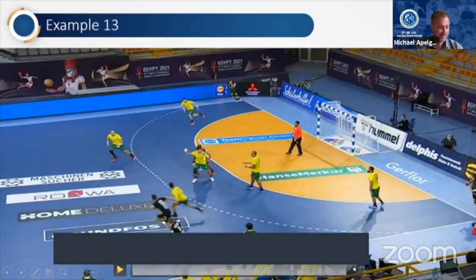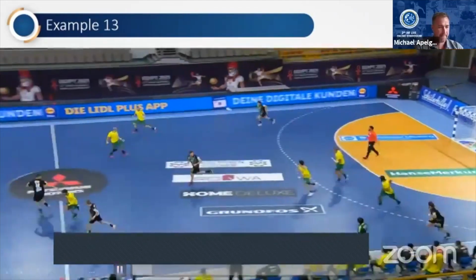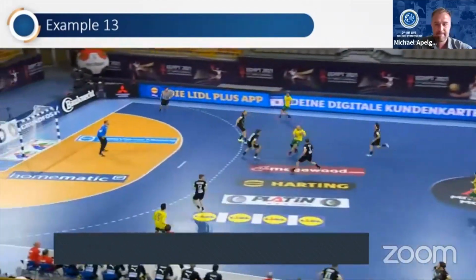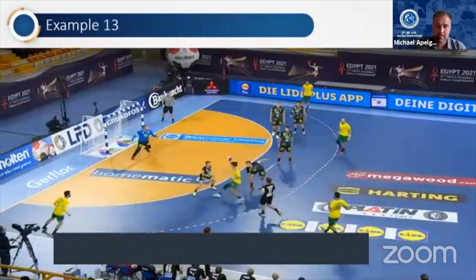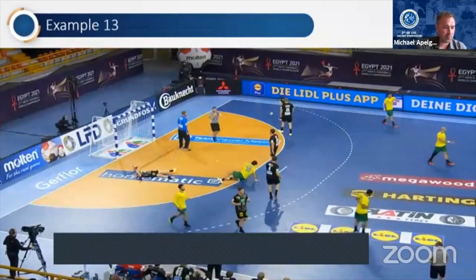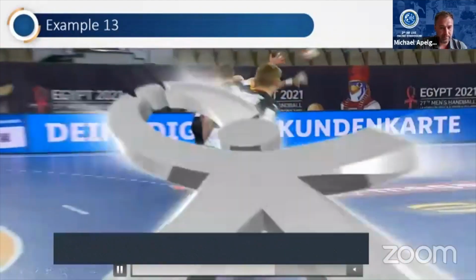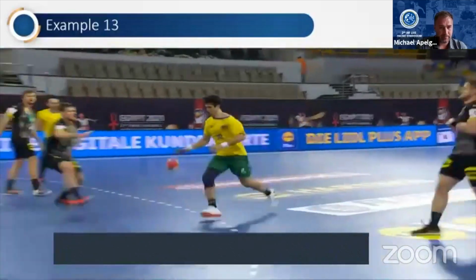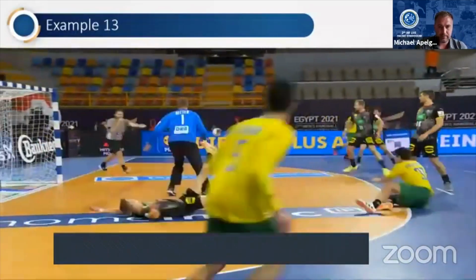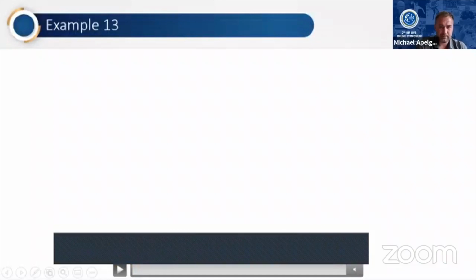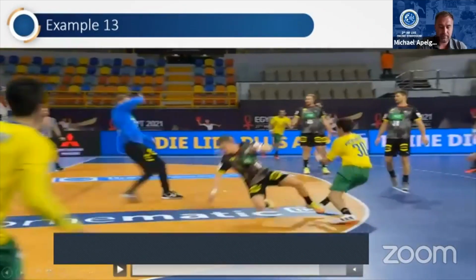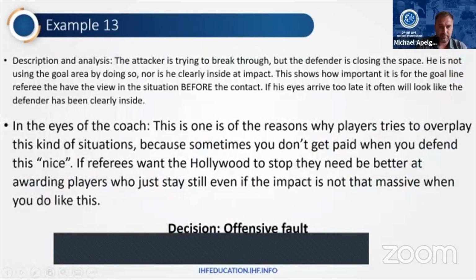Also a new one where I don't think we will disagree that much. Here we also see that the attacker is trying to break through, but the defender has closed the space, not using the goal area.